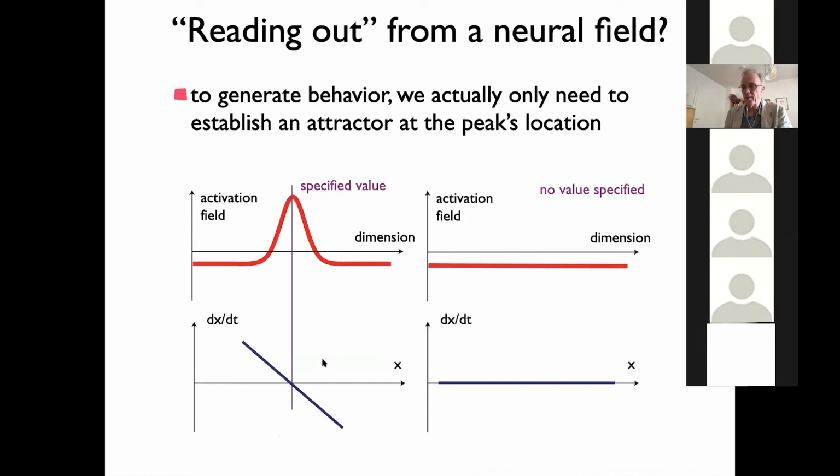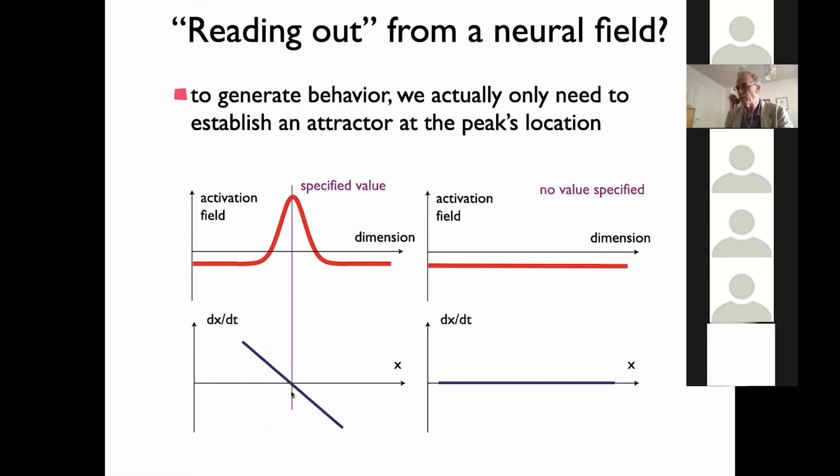And I'll explain that now in two or three slides. So this idea of saying I only need a dynamic system amounts to what I already hinted at: if I have a field, what I actually want is that where the peak is, I erect an attractor for some behavioral dynamics, some x, as a rate of change of x over x.